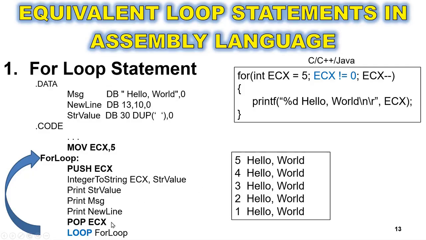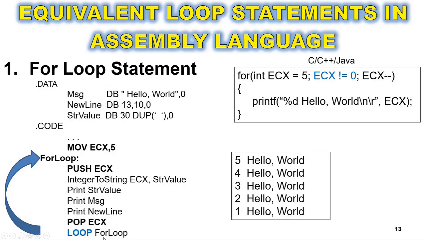After that, the pop ECX will be run by the CPU, and then ECX, which contains the original value of 5, will be restored, and it contains now 5. Then this loop command will deduct 1 from the present value of ECX, so 5 minus 1 will now become 4.